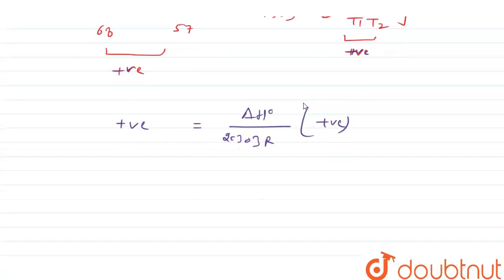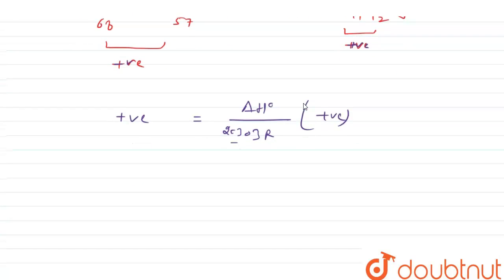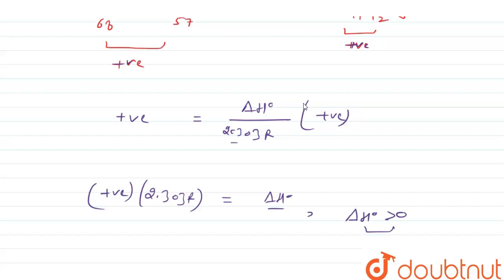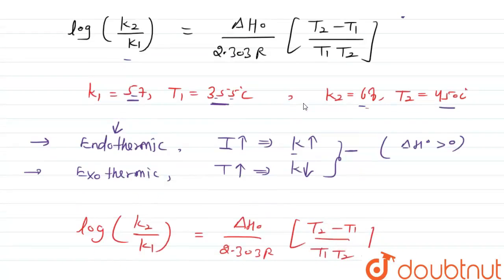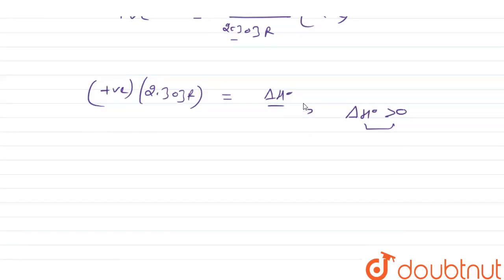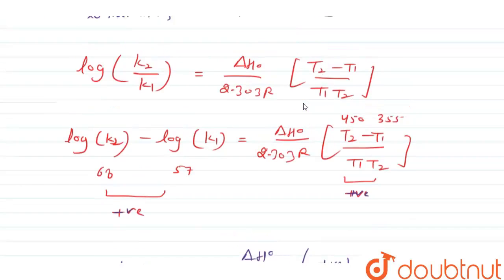So when we multiply this with this positive number, we get a positive number. We can easily predict that delta H naught also comes out to be positive. That's the reason why delta H naught is greater than 0 for an endothermic process, because all values are positive.